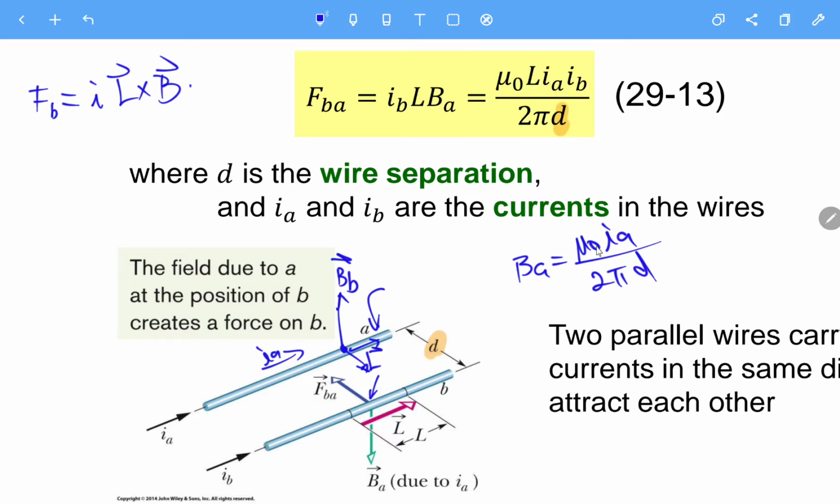We will get mu 0 IA IB times L in the numerator, and for the denominator, we have 2 pi d. So the expression looks like this.